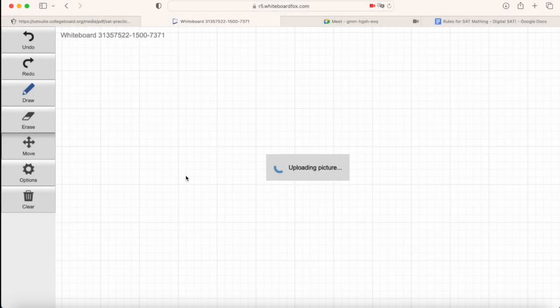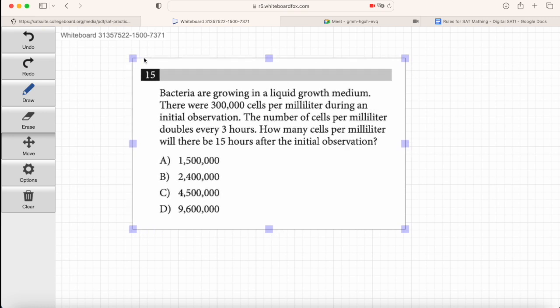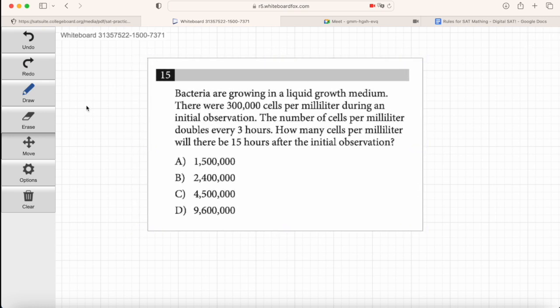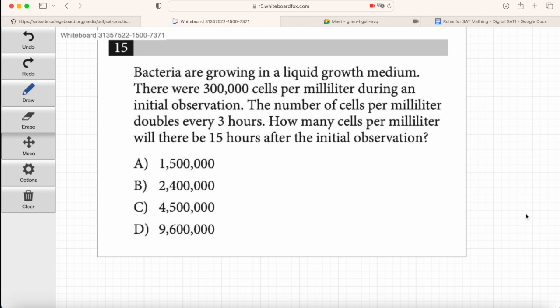Okay, let's try number 15 here. Increase the size here and go ahead and read question number 15 for us, please. Bacteria are growing in a liquid growth medium.